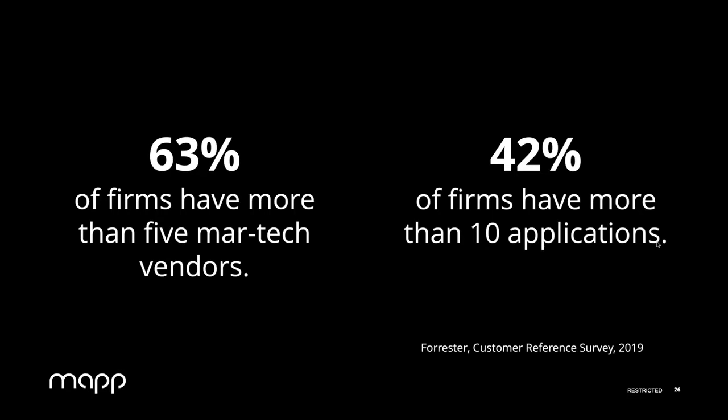Some of the quotes that I think signify the reason for us to focus more on integrations: Forrester said it best. They did a customer reference study last year, and they recognized that 63% of firms have more than 5 marketing vendors, and also 42% of companies have more than 10 marketing applications.